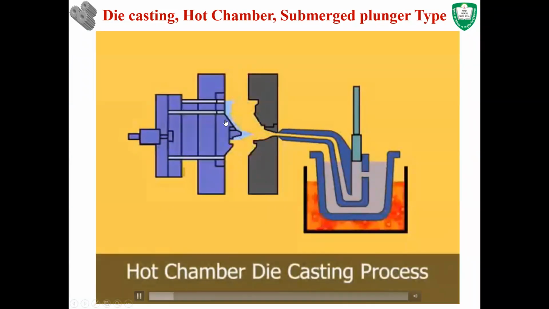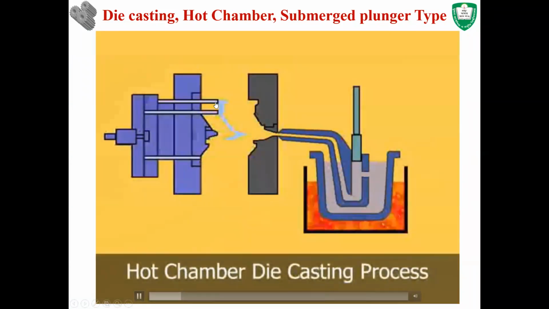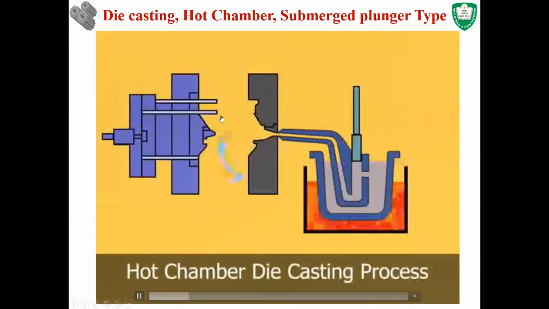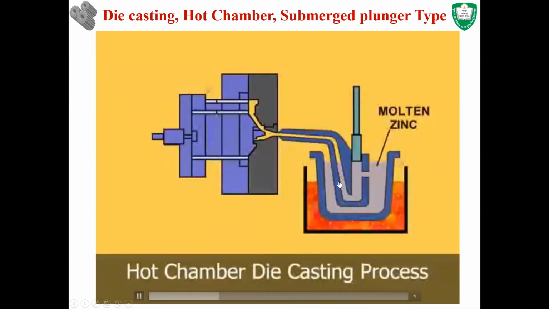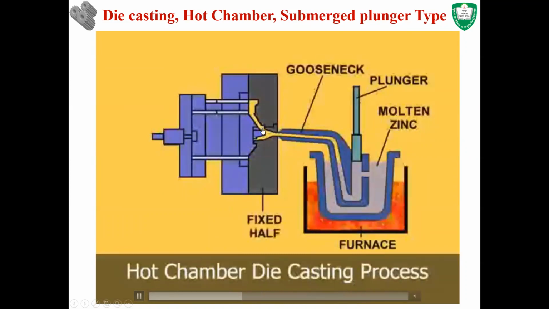After solidification, it sticks to the movable die, and then ejector pins are used to remove the final casting. The plunger gets up again, the molten material fills this region, and then again when the plunger is pushed, the molten material gets into the system.